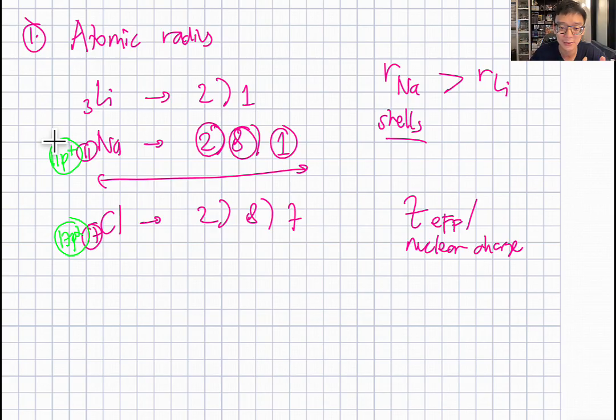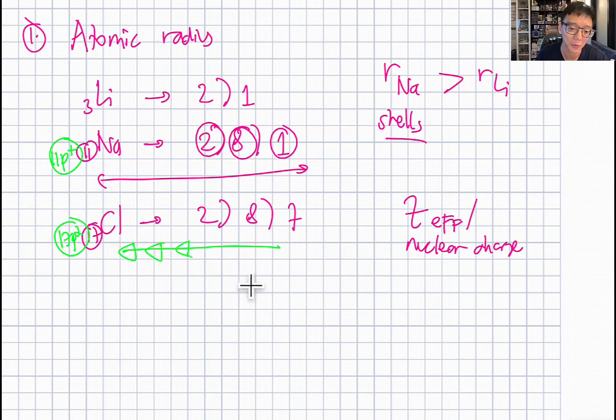So now we imagine that 17 protons, in contrast to 11 protons, have their own attraction forces. Then which one would have the stronger attraction force? I would say the 17 one would pull closer, so it will be pulled stronger, right?